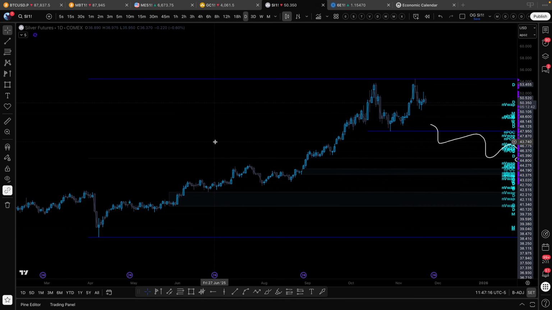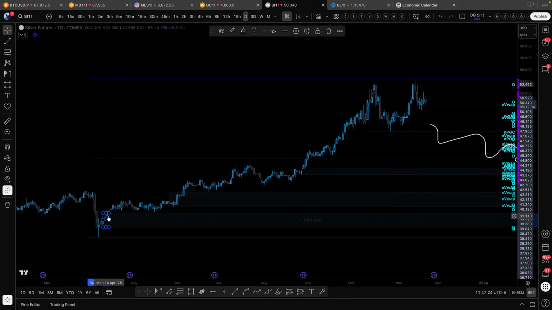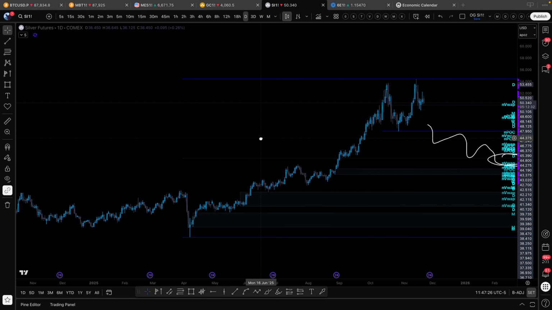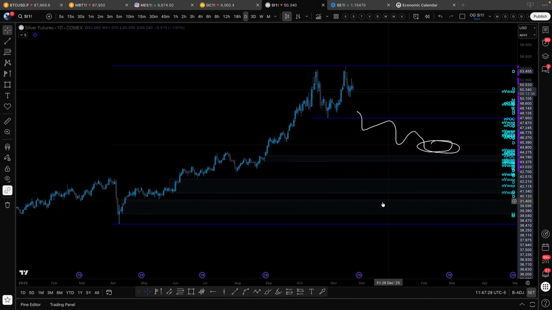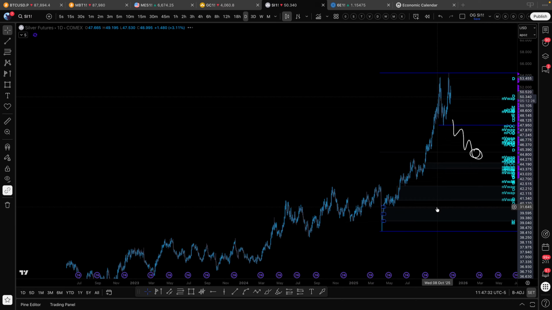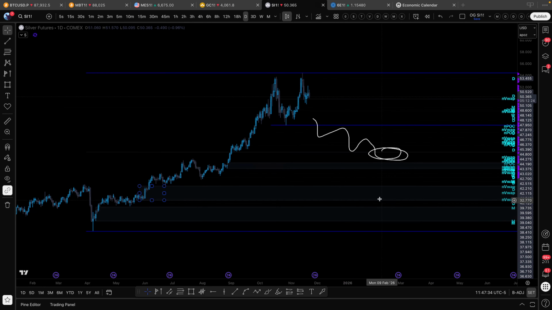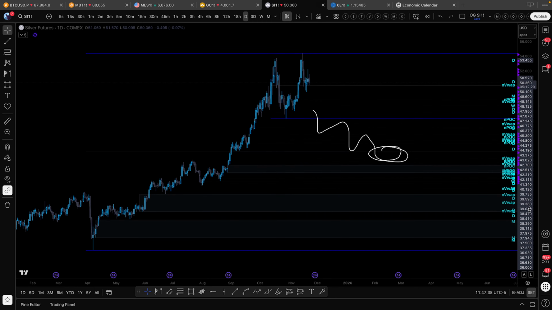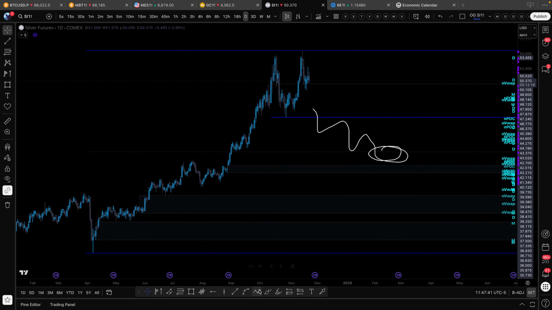I have alerts going off as we speak. And I would actually capture this whole entire area right here. Now, if we do have some kind of a macro retracement, this could take a long time. However, these are my three zones that I like the most.